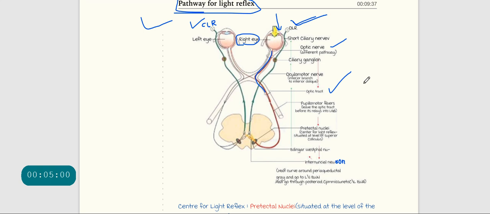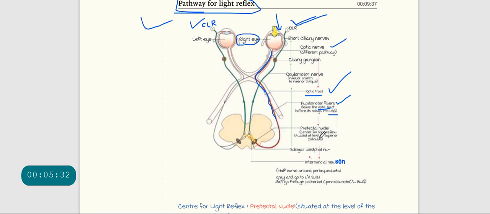After giving this sensation to the optic tract, some of the fibers do not travel in the optic tract; they cross and come out and form the pupillomotor fibers. This is nothing but the fibers leaving the optic nerve before it relays in the LGB.